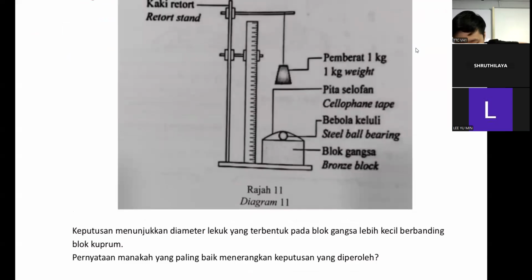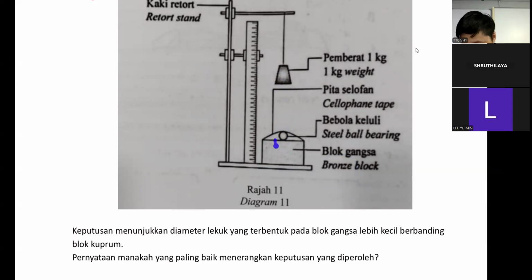So in this experiment, you see, first they use bronze block, second they use copper block to see which one the diameter of dent is higher. They will drop a weight onto the steel ball to see how much the diameter of the curve of a dent is.